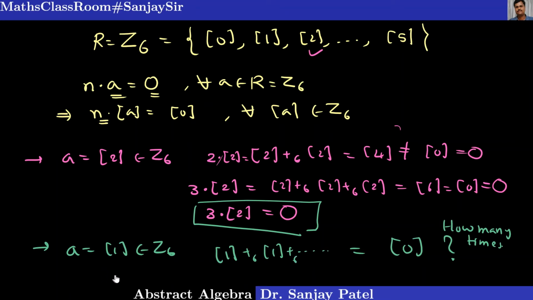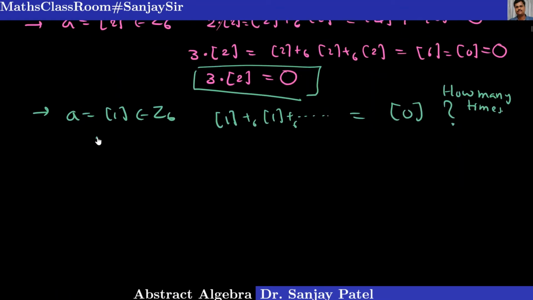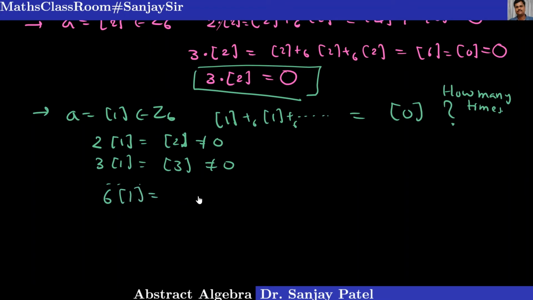If I take class 1 plus class 1, or in other words 2 times 1, it is 2, so it is not 0. If I take 3 times 1, that is 1 plus 1 plus 1, it is 3, again not 0. If you continue like this, you can understand that the only point at which we get 0 is adding class 1 with itself 6 times, because 1 plus 1 six times gives you class 6, and class 6 is the same as class 0, because when you divide 6 by 6 the remainder is 0.